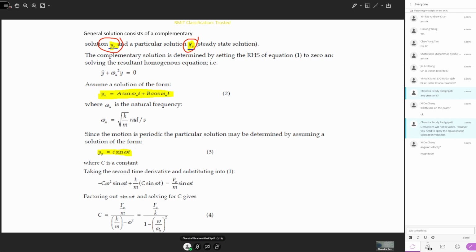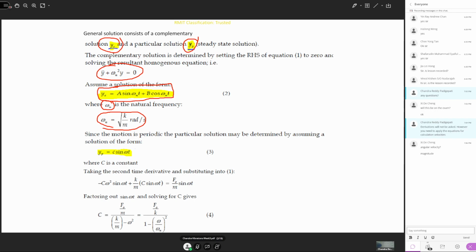We already know the complementary solution by considering the right-hand side as zero, and it can be written in different ways; this is one of them. We also know that the natural frequency of the system is square root of k by m. All these things were done earlier.